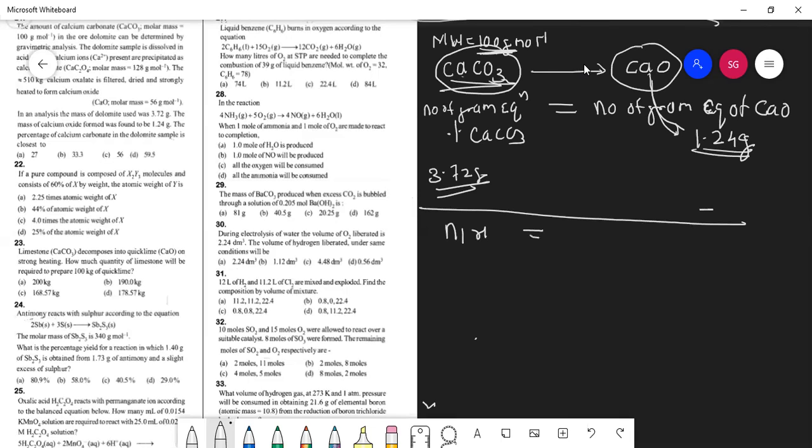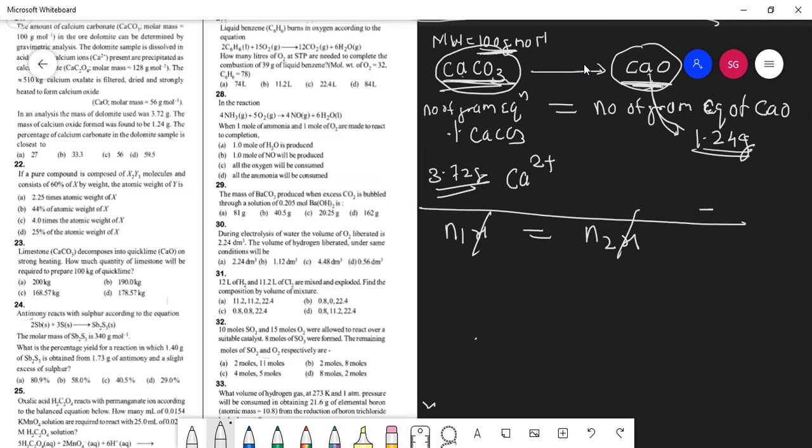N1X1 is equal to N2X2. What is the X factor of calcium carbonate, students? 1. Array, that's why I said use the valency chart. Calcium is 2 plus. And what is the valency factor of CaO? 2. So can I cancel this X, Pranjal, because the 2 will be cancelled.